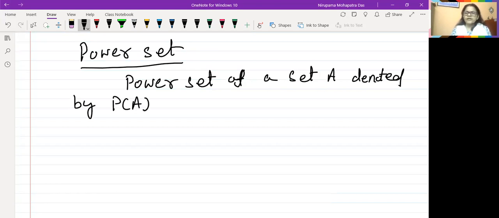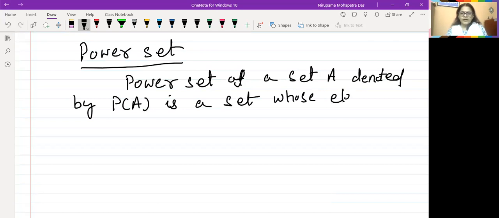Okay, the power set of A is a set whose elements are all the subsets of A.